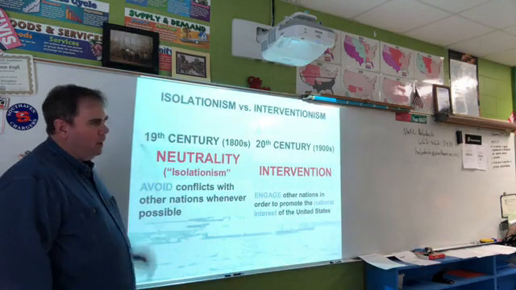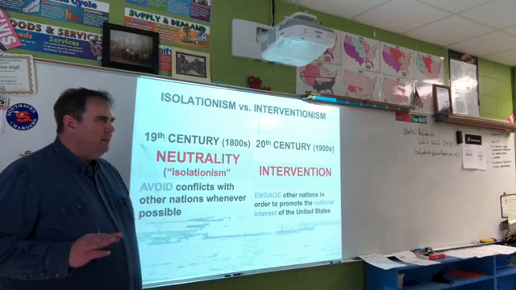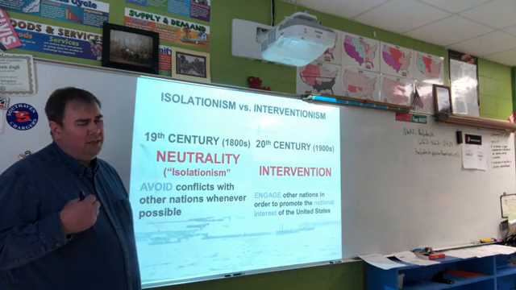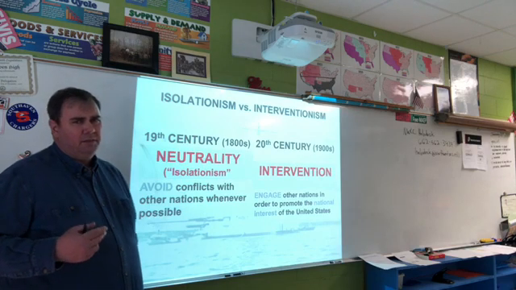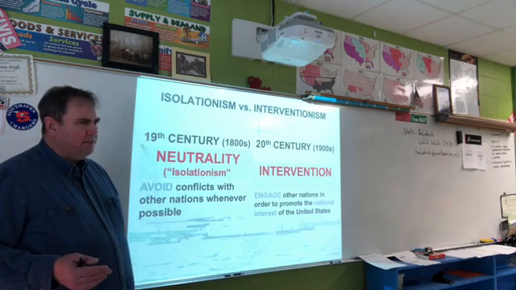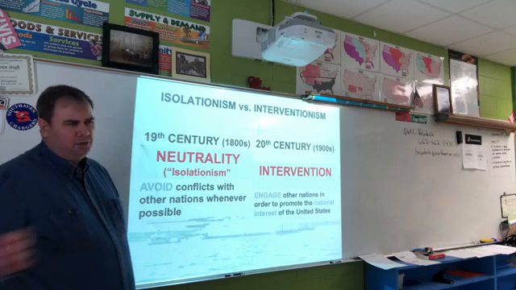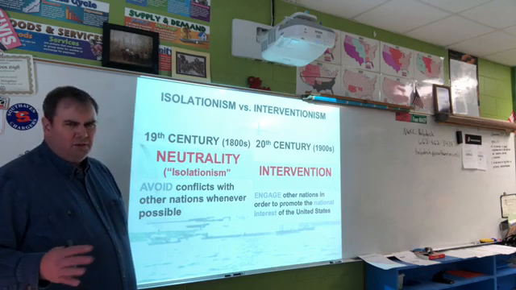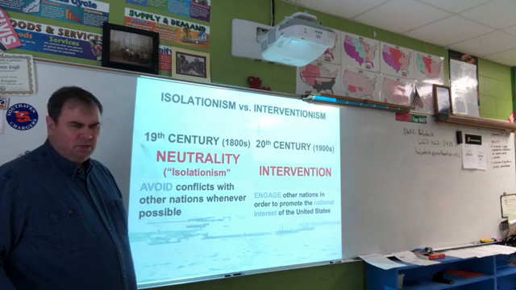Now, our old policy was that we followed something called the Monroe Doctrine that was issued in 1823 that basically said no more colonies, Europe. And overall, Europe basically stayed with that.